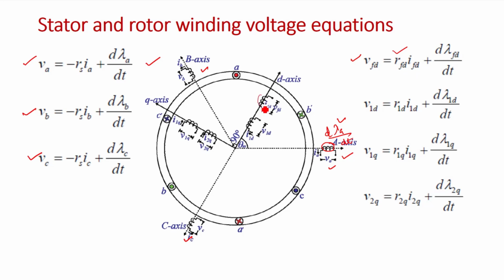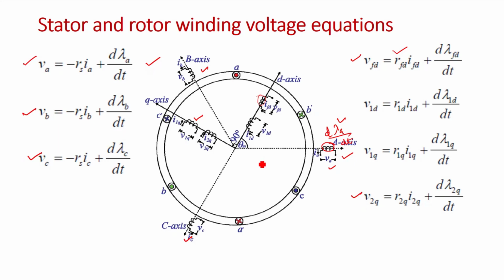That is the voltage induced in the field winding, right? Similarly, for the damper winding 1D, I can write V1D equal to R1D I1D plus d lambda 1D by dt. Similarly, for the 1Q winding, I can write V1Q equal to R1Q I1Q plus d lambda 1Q by dt.